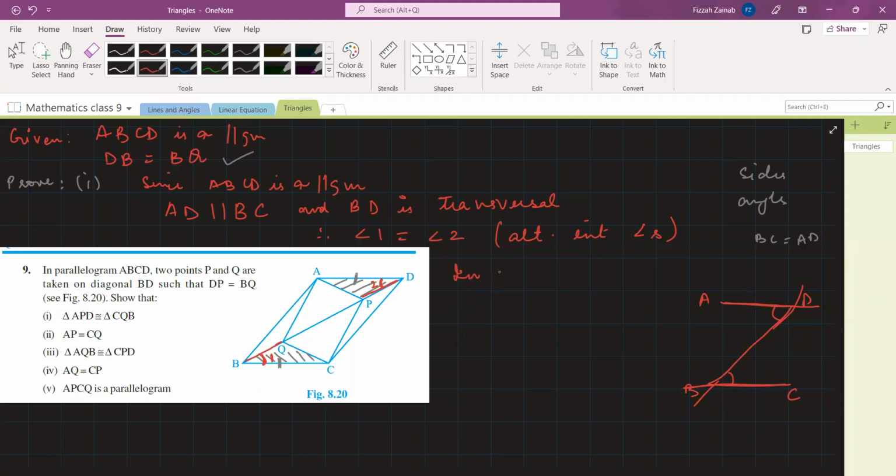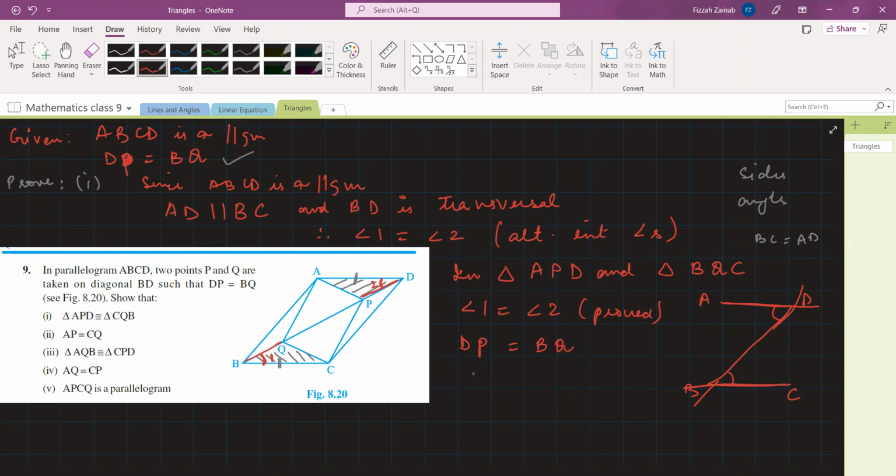Now you take these two triangles. So in triangle APD and triangle BQC, I have angle 1 is equal to angle 2, which I have proved. Then one side is given, which is equal. DP, sorry, it was DP, so DP is equal to BQ.